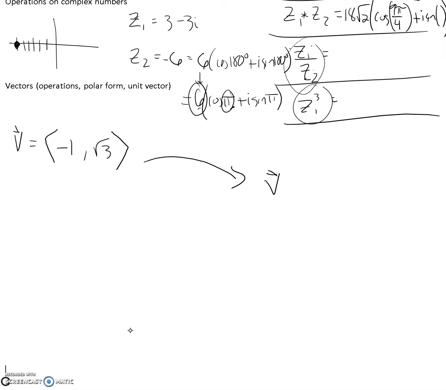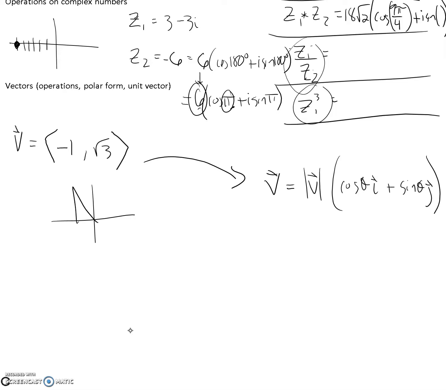This vector in polar form is pretty similar to what we just did. We have to figure out the magnitude of the vector, right? So it'd be the magnitude of the vector, and then we can multiply it by the unit vector, cosine of the angle in the i direction, plus the sine of the angle in the j direction. Very similar. Different notation, but very similar.